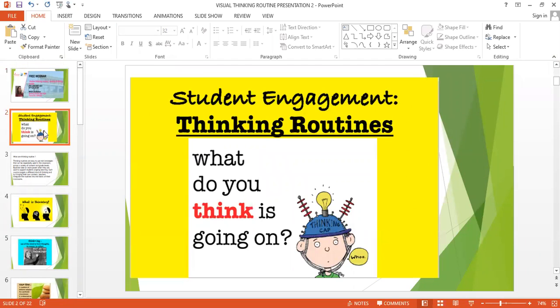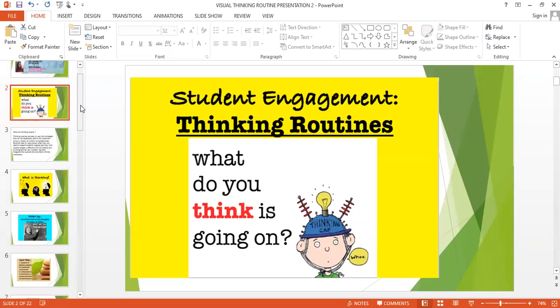Visual thinking routine is a great student engagement, which is a great resource for the provocation, as well as after the unit ends, when we ask students to write their unit end reflection, these routines help us to gauge how much students have learned and to know about their understanding.